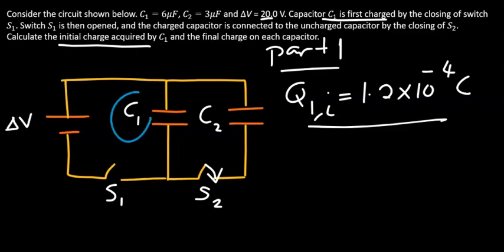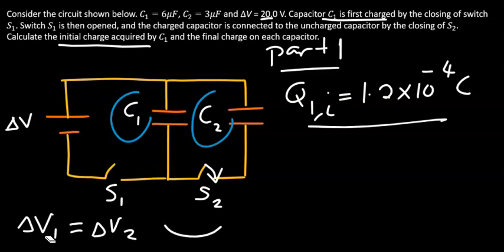Now C1 and C2 are connected in a parallel combination. That means the potential difference across C1 and C2 must be the same. So let's call the potential difference across C1 delta V1 and the potential difference across C2 delta V2, and they are the same.